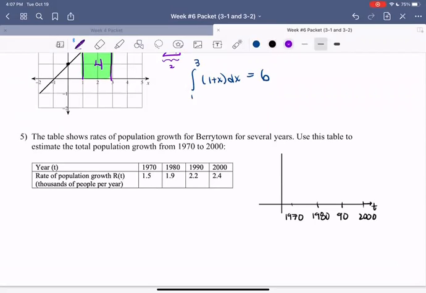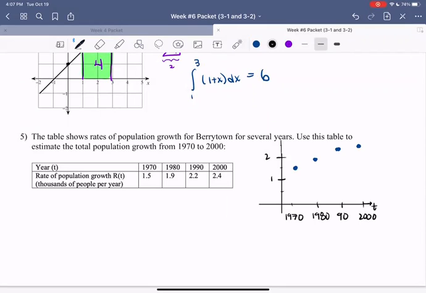Then we'll label some axes here, with 1, 2, 2.5. We're told that in 1970 we have about 1.5, in 1980 about 1.9, in 1990 about 2.2, and in 2000 about 2.4. Something like this. We just know these discrete values.